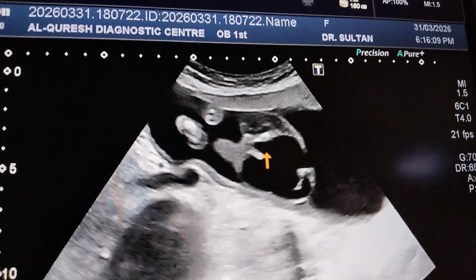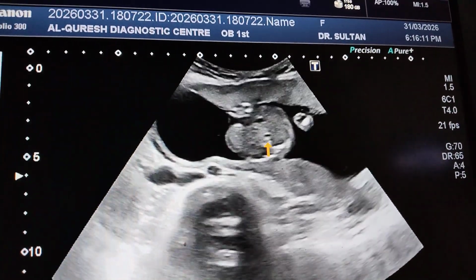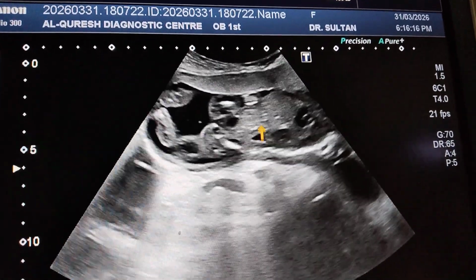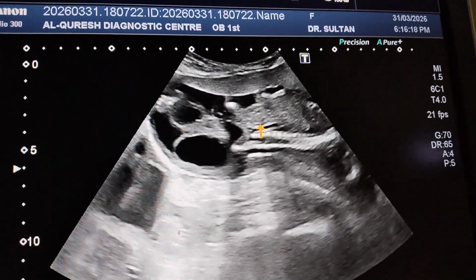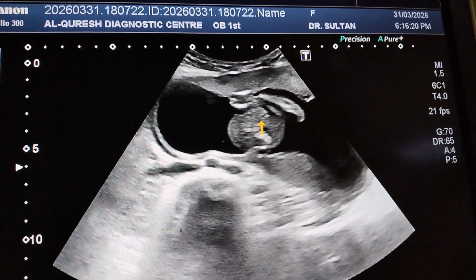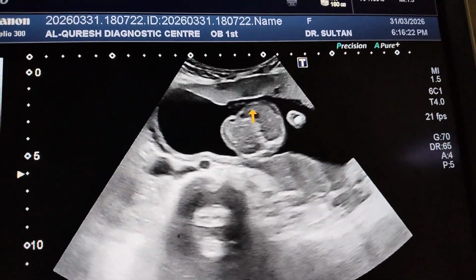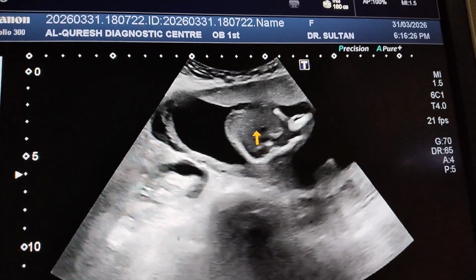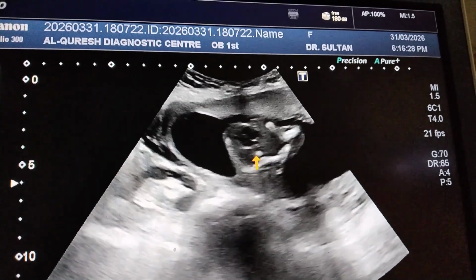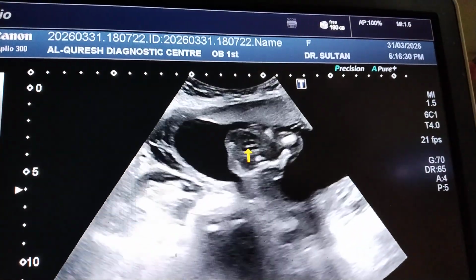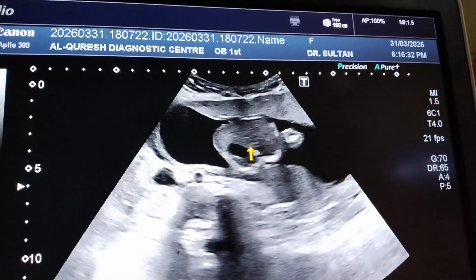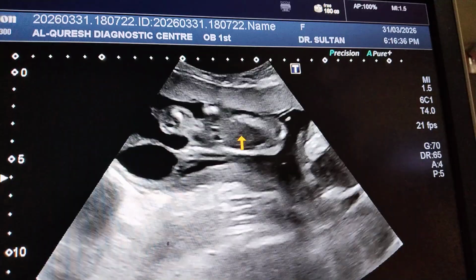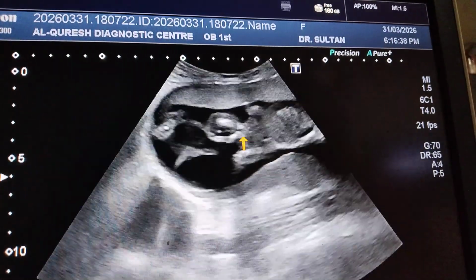This is a highly vascular tumor if the solid component is present. And due to this high vascularity, it may cause arteriovenous shunting, and then there may be cardiac failure or high output cardiac failure. But we can see a normal looking heart, and also no fetal edema is present, no ascites is present.